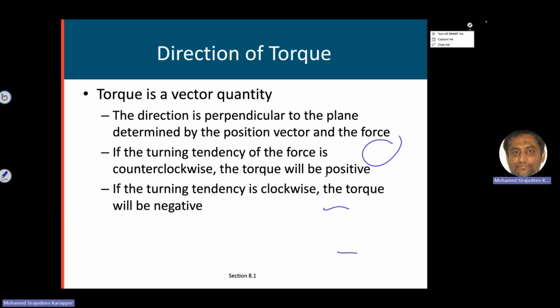Torque is a vector quantity. They have direction. The clockwise will be taken as into the board direction, and counterclockwise will be taken by the right-hand rule for the angular velocity.